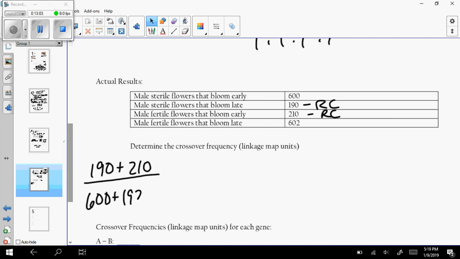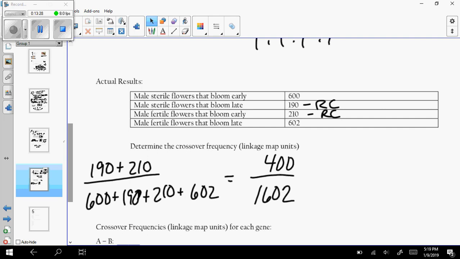600 plus 190 plus 210 plus 602. I add them all up. That gives me 1602 on bottom, and 190 plus 210, 400 on top.